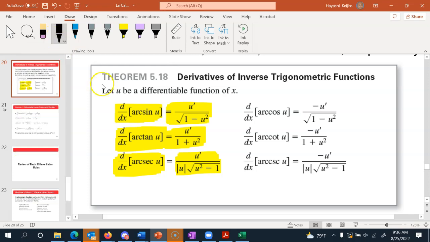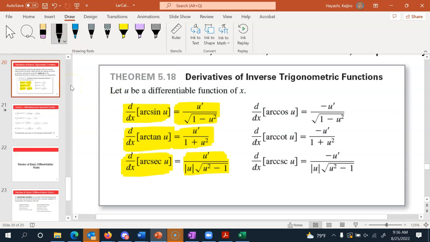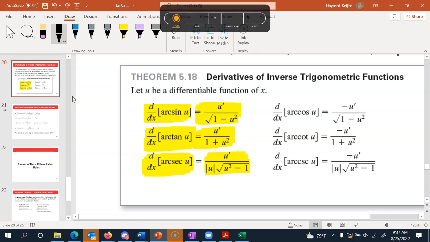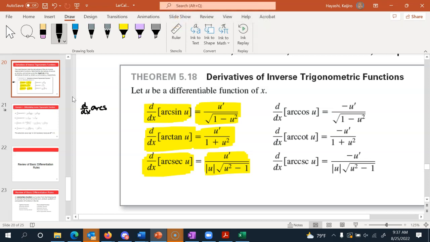If you're just interested in the derivatives of arcsine of x and arctangent of x, it's the same, just with the 1 on top, because x prime is just 1, and an x down here. So that's just 1 over square root of 1 minus x squared.